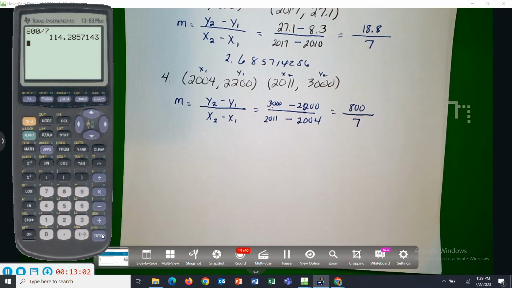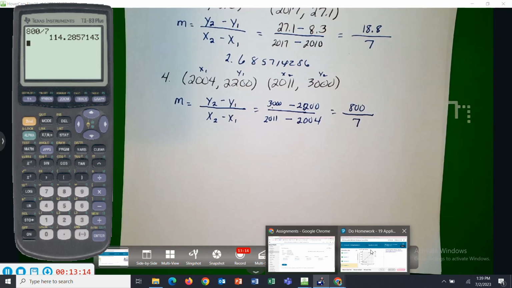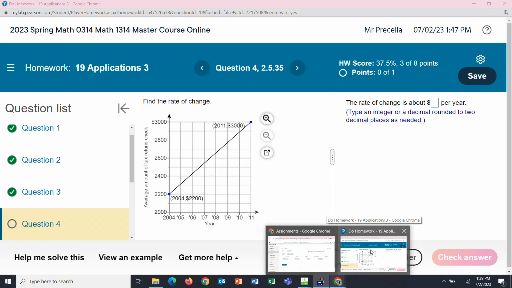Now, if we wanted dollars and cents, it'd be $114, and what would that be? 28 or 29 cents? 29 cents. But how were we told to round it? Oh, round to 2 decimal places. So we're going to write it as dollars and cents.